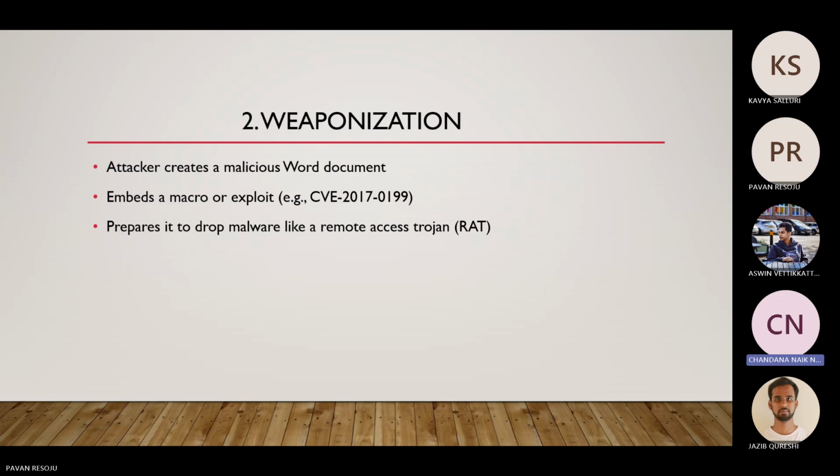Step 2, weaponization. Next, the attacker creates a malicious Word document. They embed a macro or exploit a vulnerability, for example CVE-2017-0199. The document is configured to execute a payload like malware or a backdoor when opened.